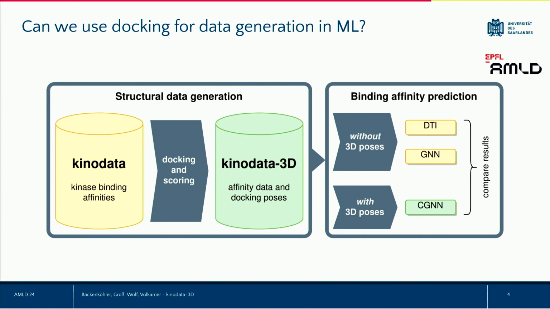The GNN is a baseline that is very similar to the CGNN, albeit ignoring every bit of spatial information, and the DTI is a standard GNN bundled together with a transformer on the pocket residues. So that's the overall workflow of our study.